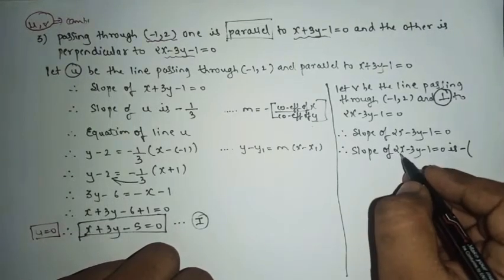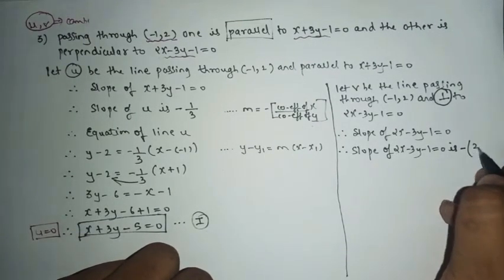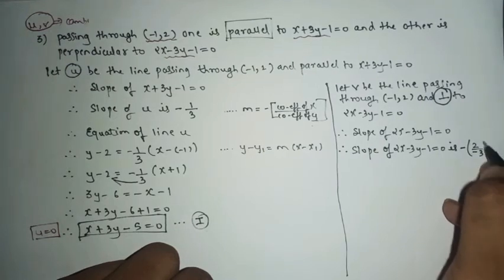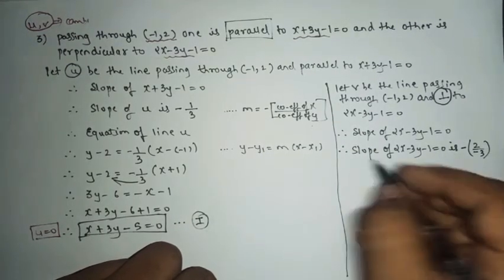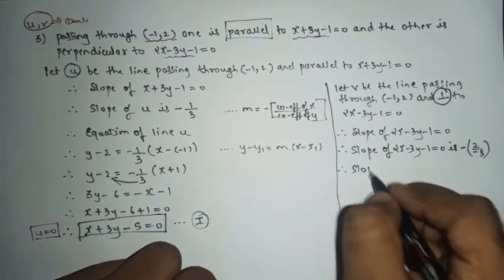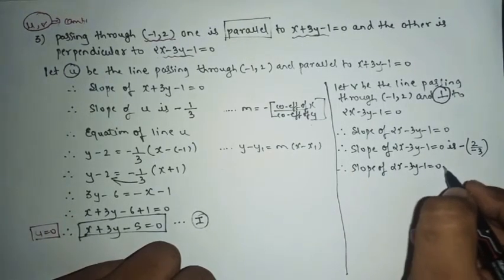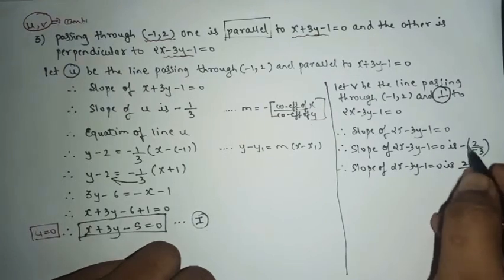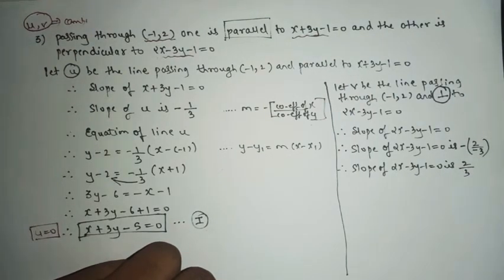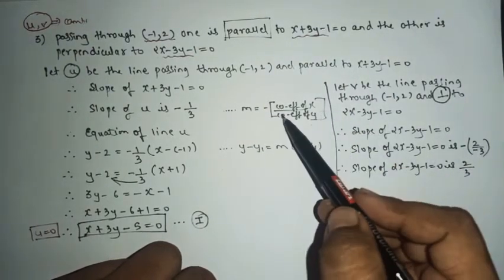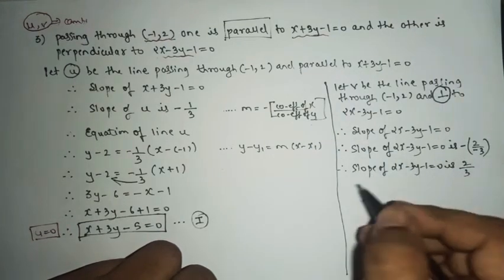Minus of coefficient of x upon coefficient of y. So 2 upon minus 3. So can I say slope of this equation is actually 2 by 3, minus will get cancelled. Okay, now using this formula we got the slope.